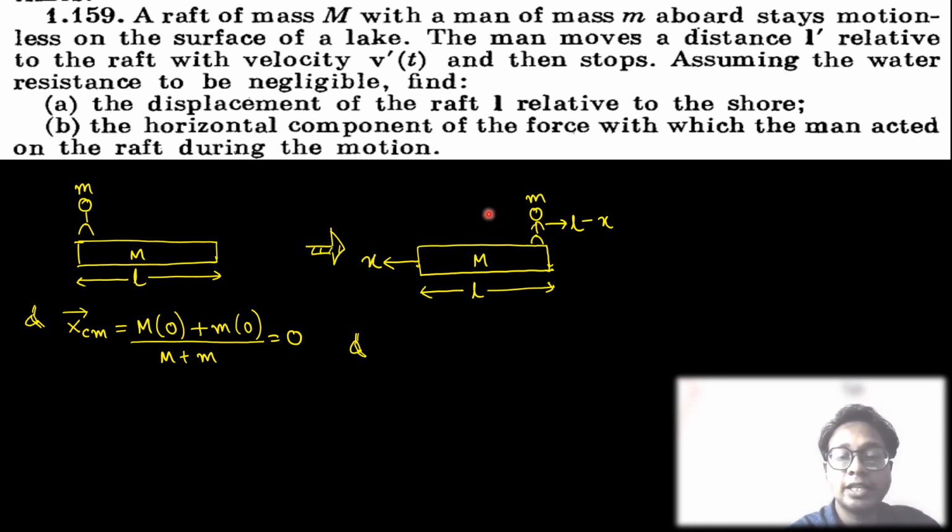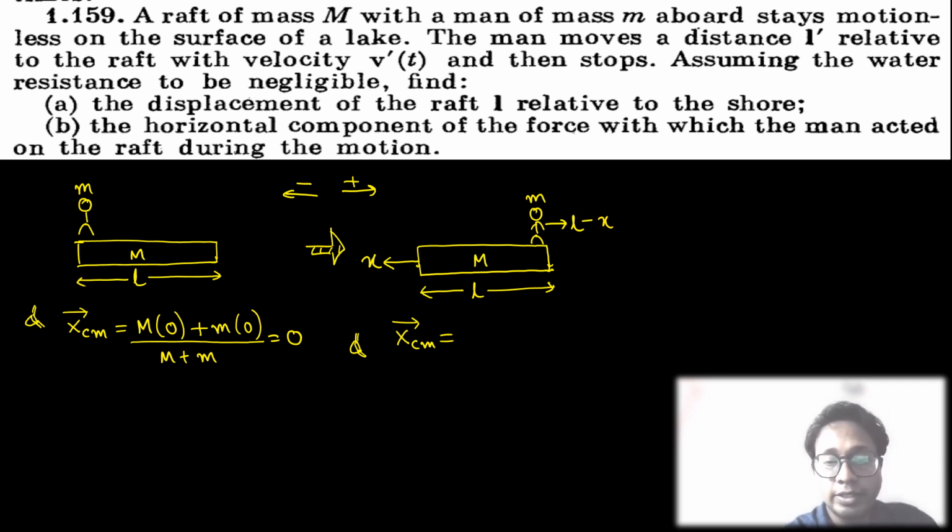Since there is no external force on the system, displacement of center of mass is equal to 0. See, if this side is positive, this side should be negative. That's why I have added minus out here.